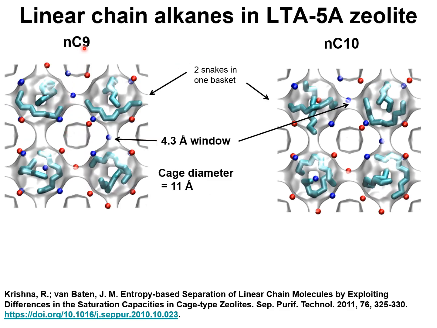For NC9 and NC10 linear alkanes, we can also locate 2 snakes in one basket, and the details of the unary isotherms are discussed in my paper published in Separation and Purification Technology in 2011.